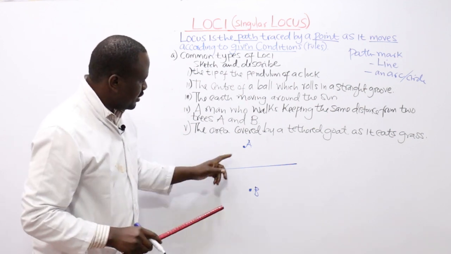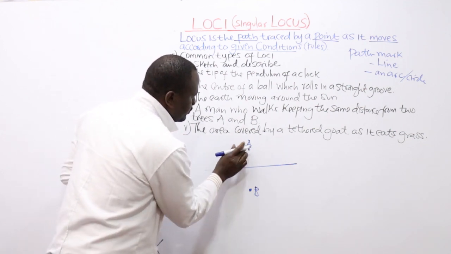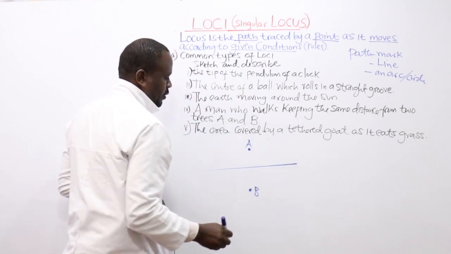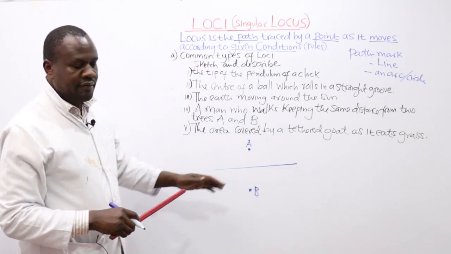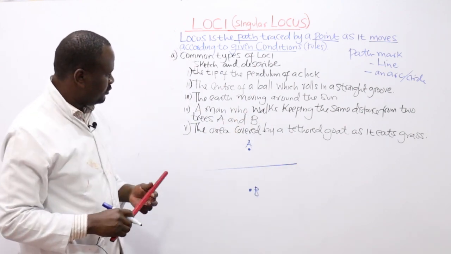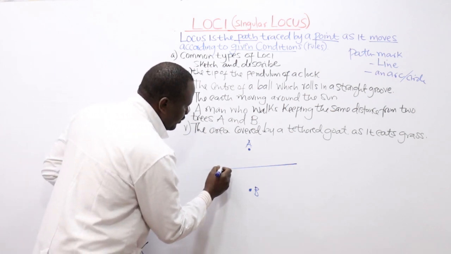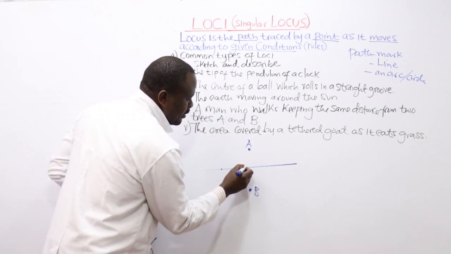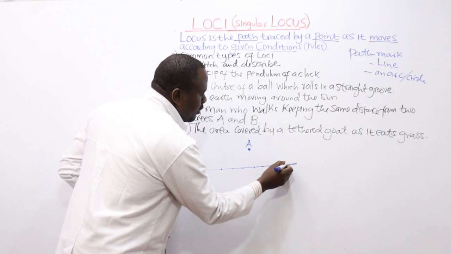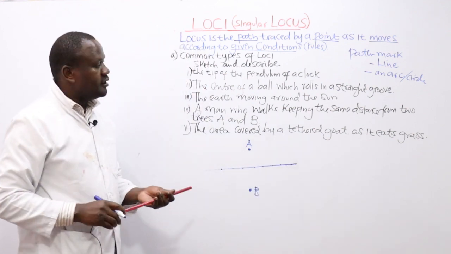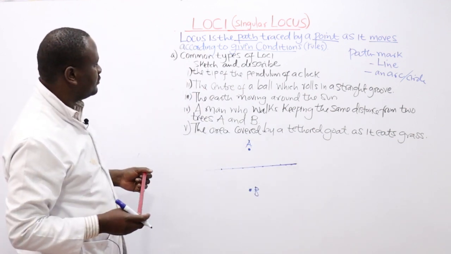So we assume the trees are here and here. They are obviously in a straight line. If we join, the man will move along this path. So this is what we call the locus.